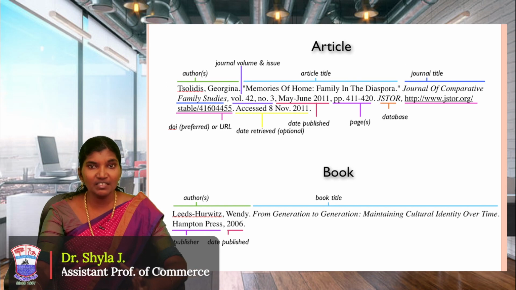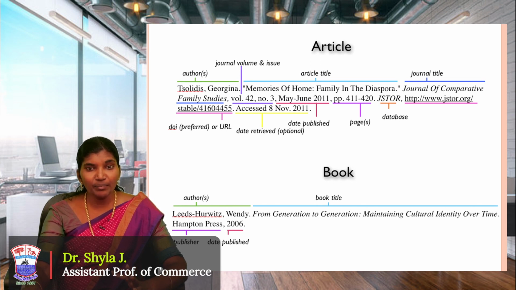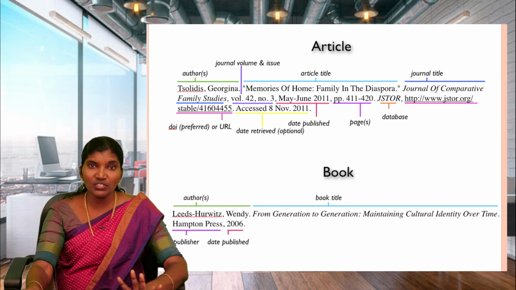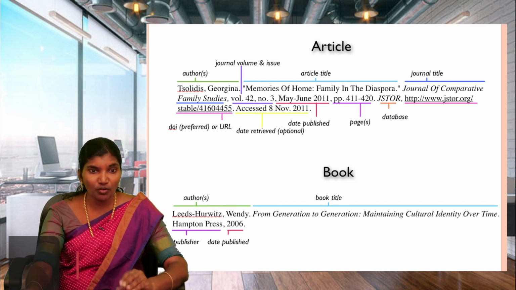After that you put the journal name, that is Journal of Comparative Family Studies, volume 42, number 3, May to June 2011, and page numbers 411 to 420. The URL link you can also apply, and the accessed date will also be included. So this is the MLA citation format.